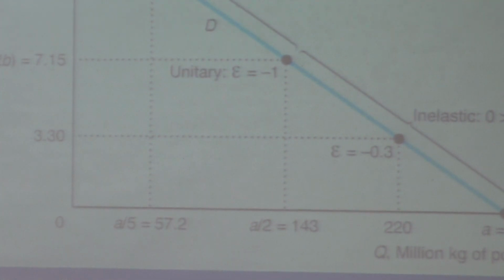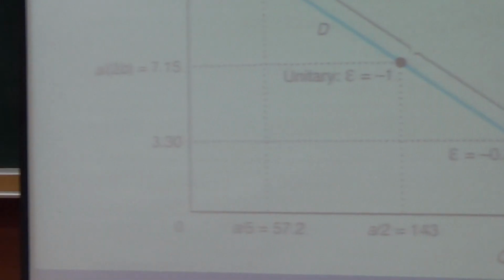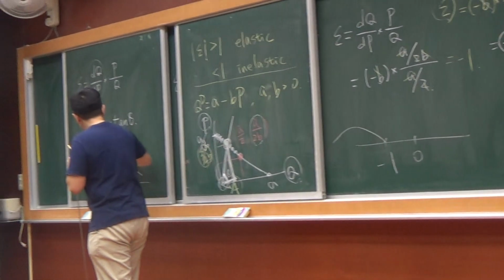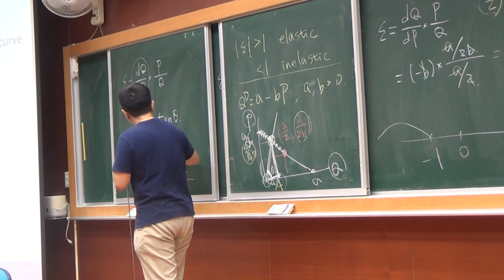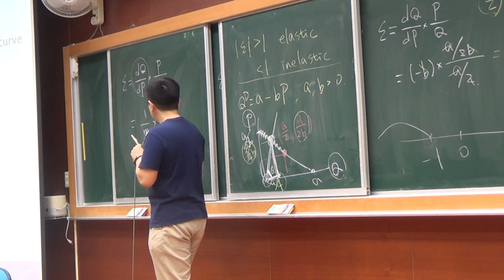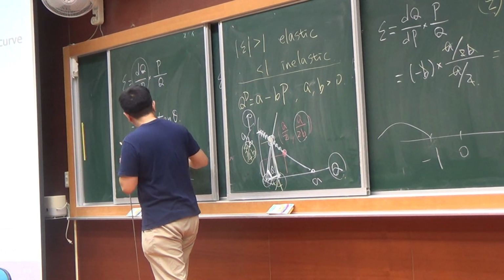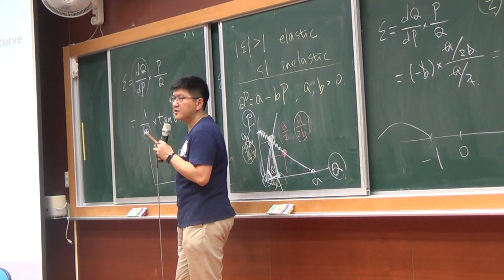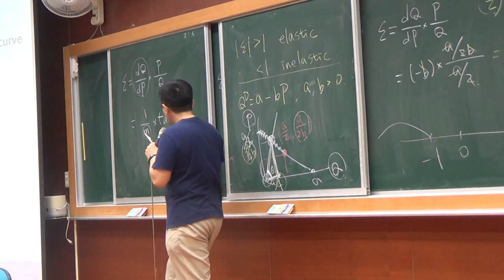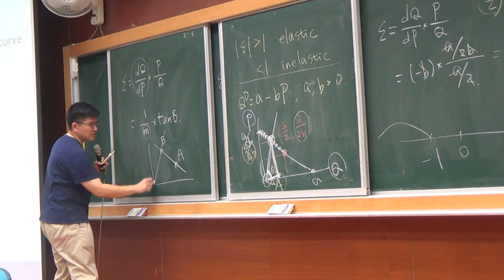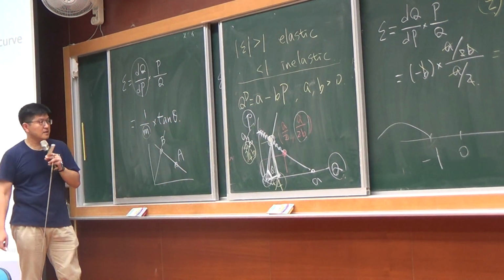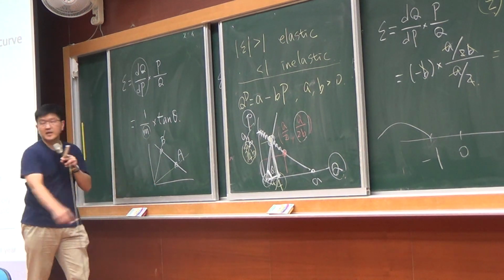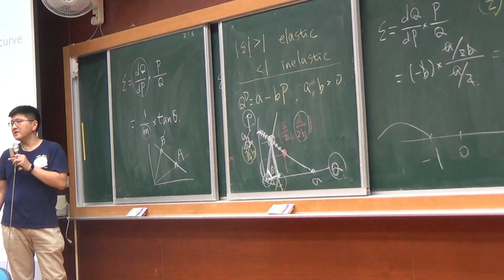So let me give you an interesting example. Point A and point B, these two points share the same slope, but the tangent of point B is larger than the tangent of point A. Is that right?